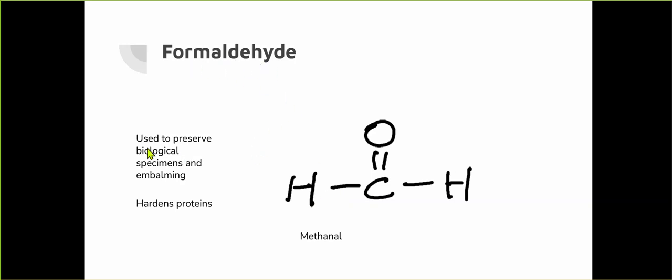Formaldehyde is used to preserve biological specimens. It's also used in embalming, or at least it was. I don't know if it still is. I think last semester I had a student in the class who had worked at a mortuary, or their family owned one or something. And I think he said that they still use it, but I'm not sure now.